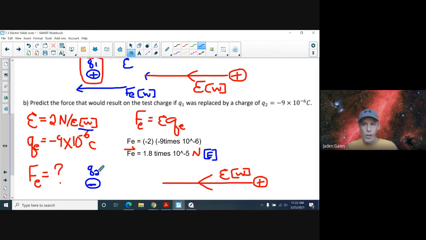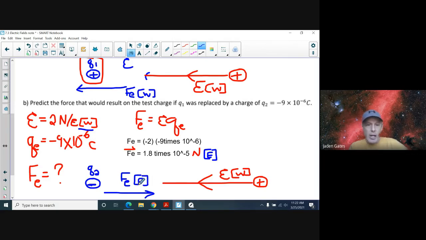It's positive, right? We switched up charges. This one's negative. And because of this, some random positive charge up here, and I only know that because my electric field strength is going to the west, so that means the positive charge had to be over here. These are opposite charges. And so that means this time there's an attraction. And so my electric force is now going east.